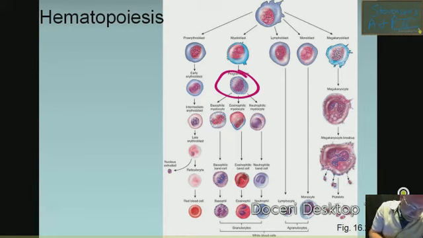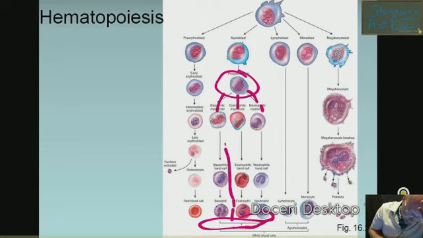Basophilic myelocytes, eosinophilic myelocytes, and neutrophilic myelocytes will be the next stage in the production of mature granulocyte cells. Here we see them going through the process, and eventually they end up being the mature granulocytes: the basophil, eosinophil, and the neutrophil cells.